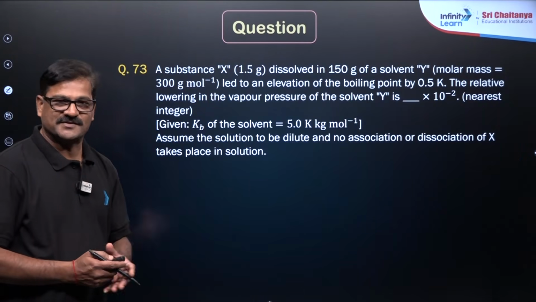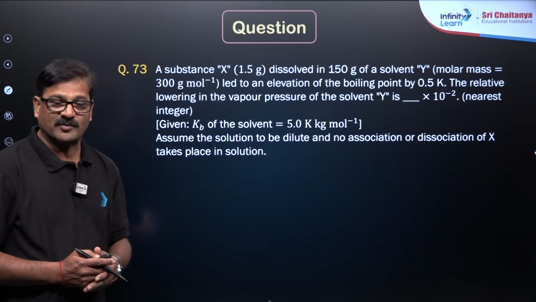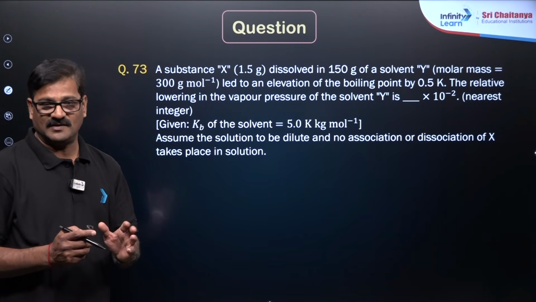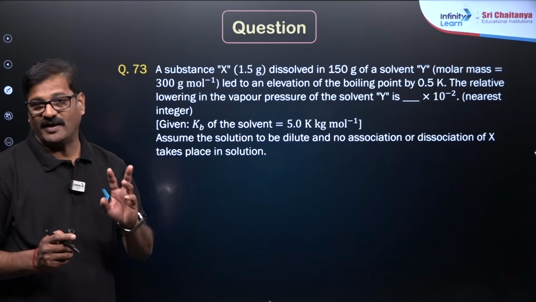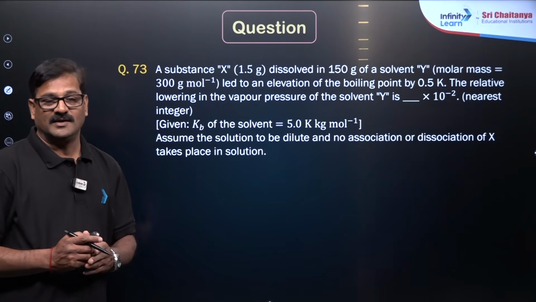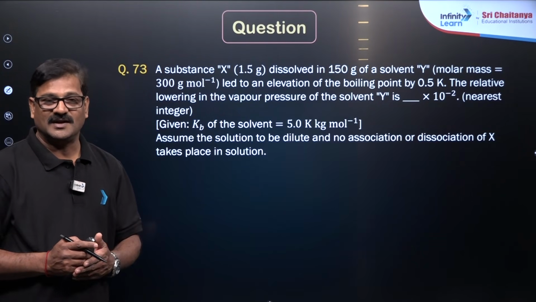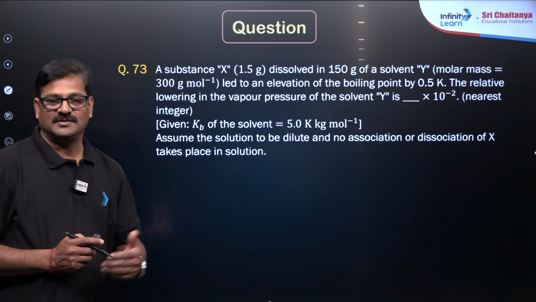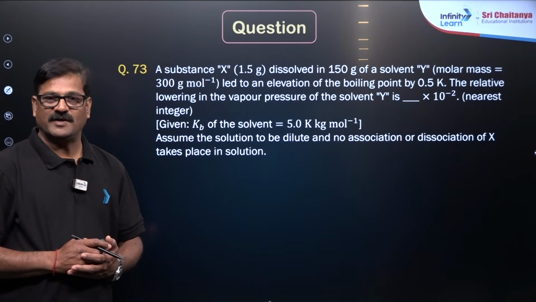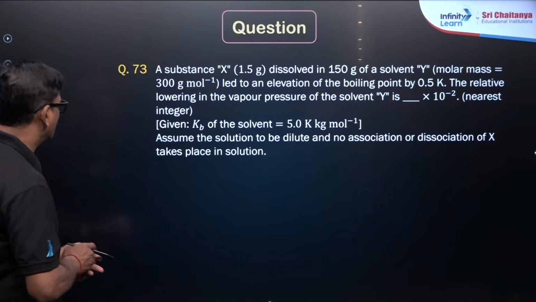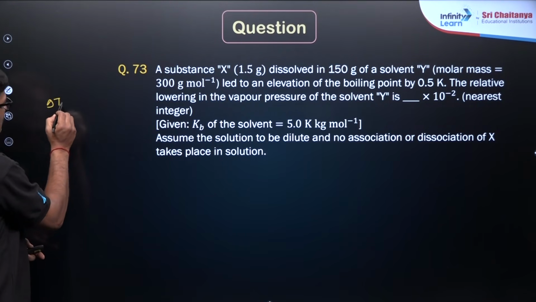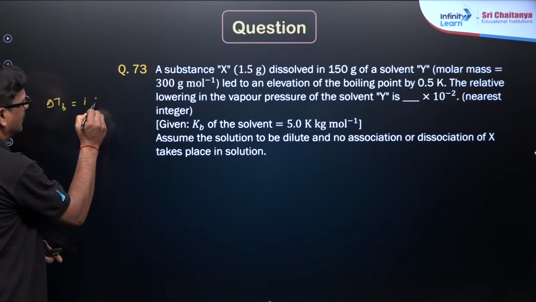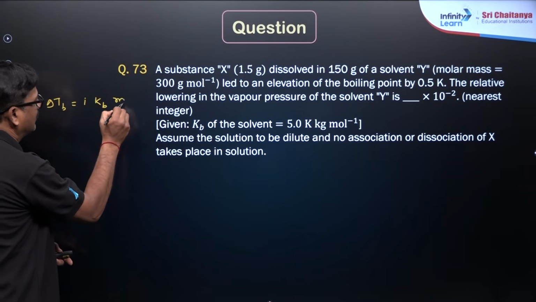Students, this question is based on solutions and colligative properties. There is a link between these colligative properties. You have to evaluate this question based on elevation in boiling point and relative lowering of vapor pressure. So here ΔTb is equal to i Kb into molality.